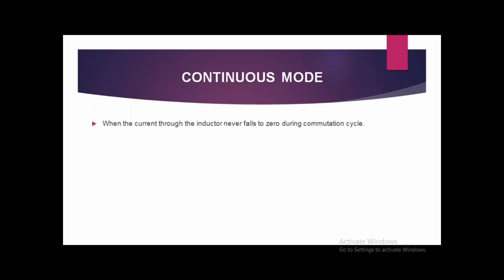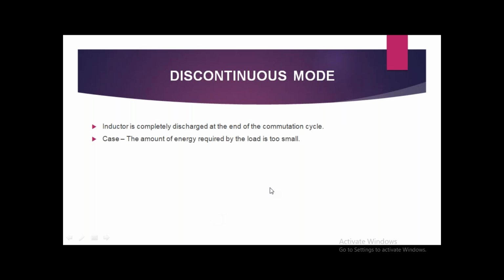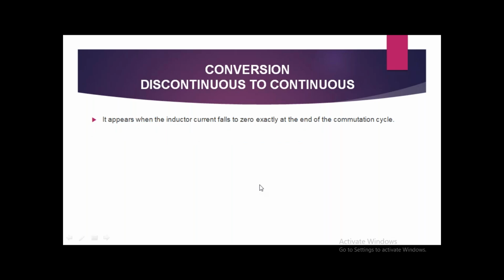In the discontinuous mode, the amount of energy required by the load is too small. In that case, the current through the inductor falls to 0 during part of the period.